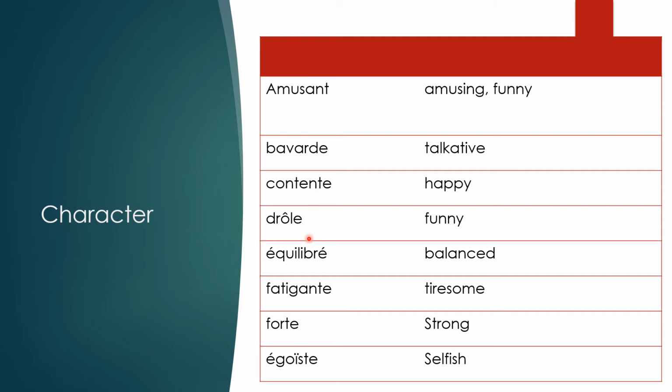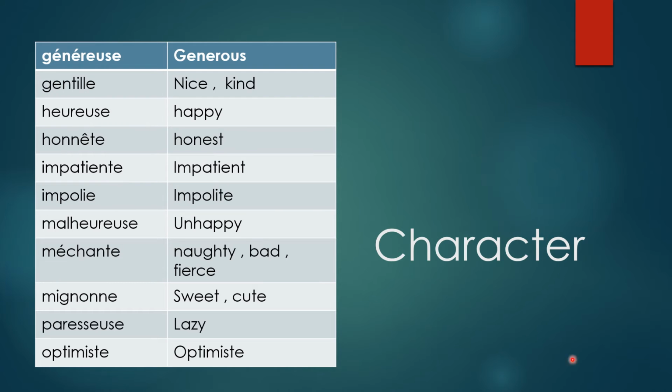Funny, drôle. Balanced, équilibré. You add another E because your last E there is ending in an accent aigu. Tiresome, fatigante. Strong, forte. And egoist is selfish. Alright?